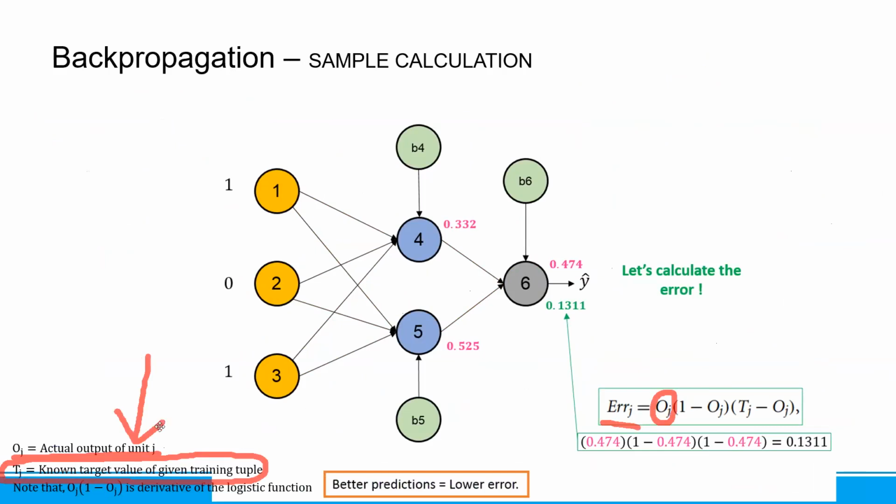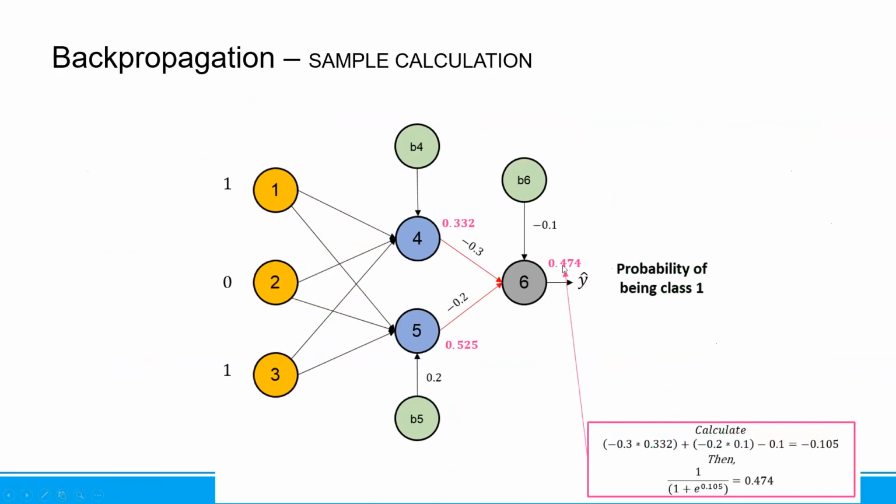The target value, if we have a binary case, is the probability of being class 1. So if the probability is high, it means I have certainty that this belongs to class 1. If the probability is low, then I have certainty that it belongs to 0.